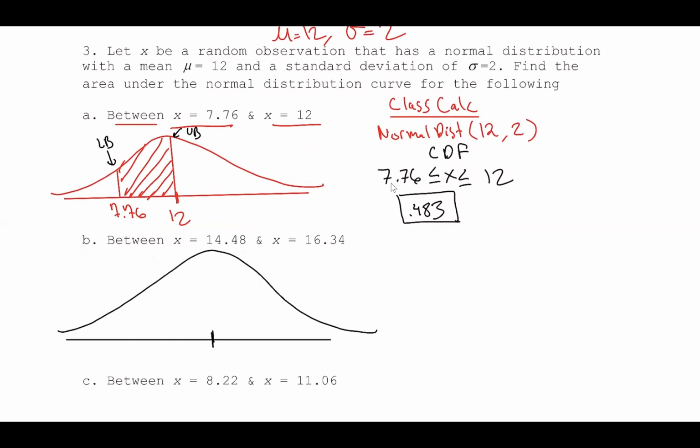So here goes the middle. The mean is still the middle. So we have 14.48. And you have 16.34. And if you look at the keyword here, it's in between. So you say in between.